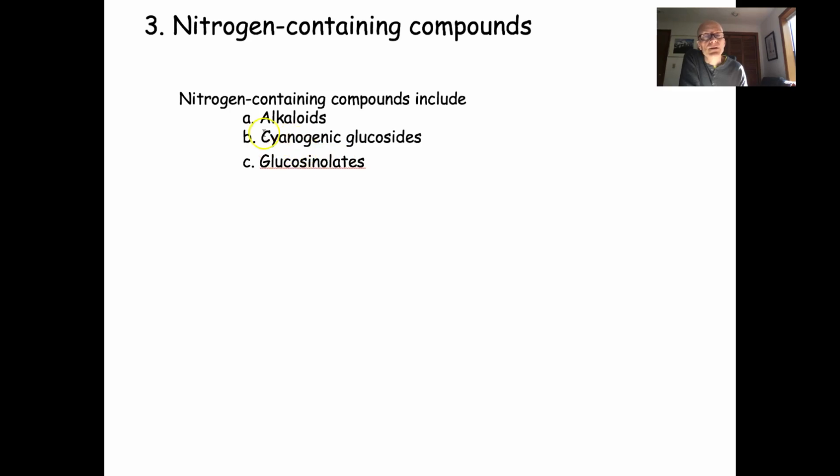I'll show you those in a little bit at the end as well. So all of these have in common that they contain nitrogen. That's really the only thing. The compounds look very different from each other, but they all contain nitrogen. So the only thing that gives them a particular structure that is then lumped together is the nitrogen.